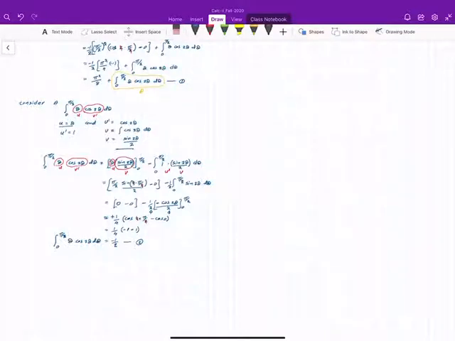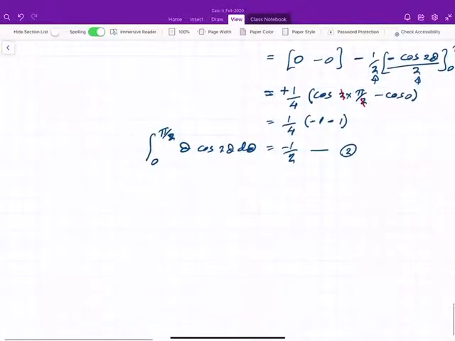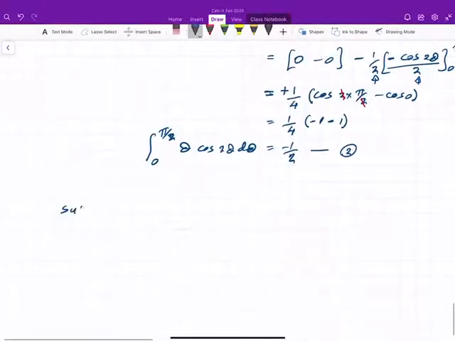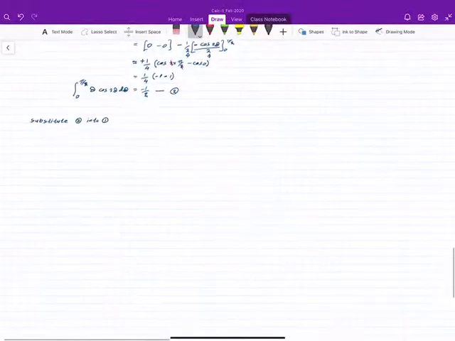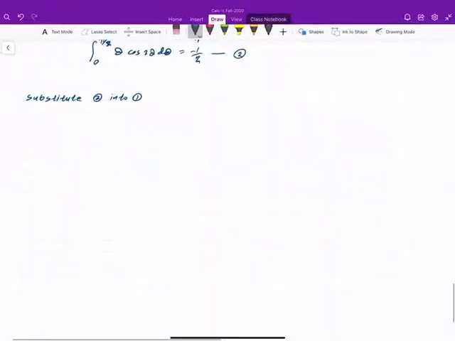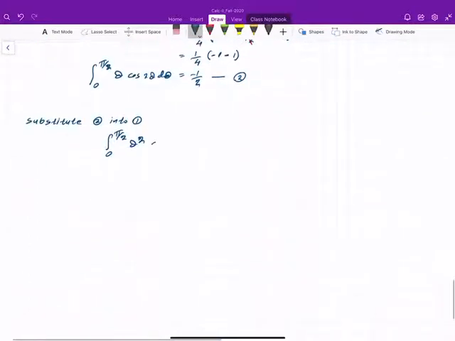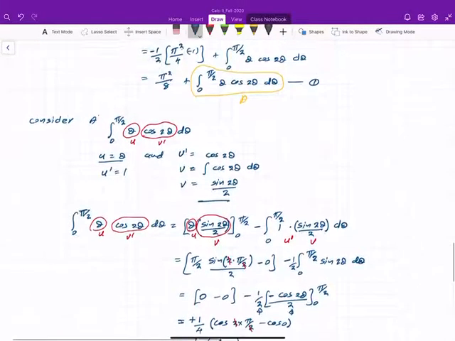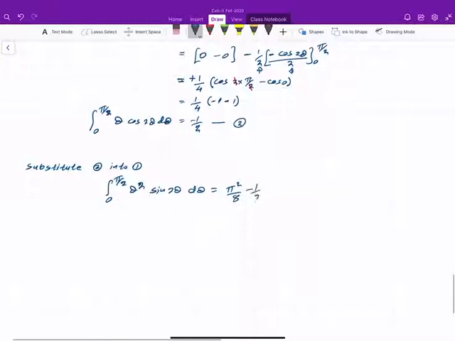All right. Substitute 2 into 1. Then I will get the integration from 0 to pi over 2 of theta square sine 2 theta d theta equals pi square over 8 minus half.